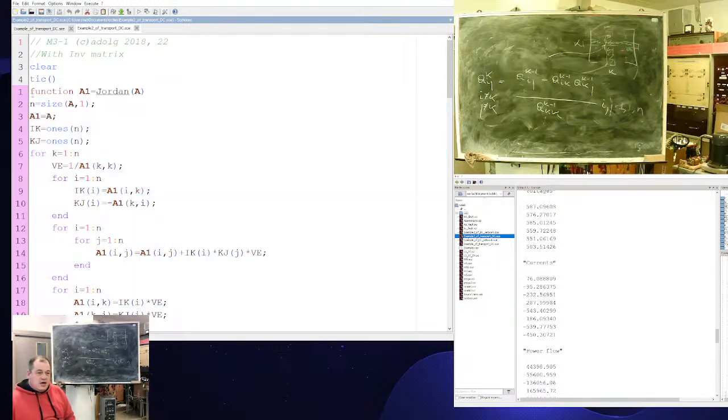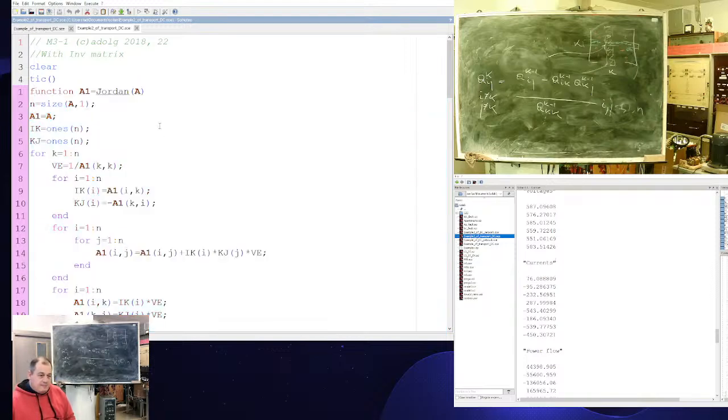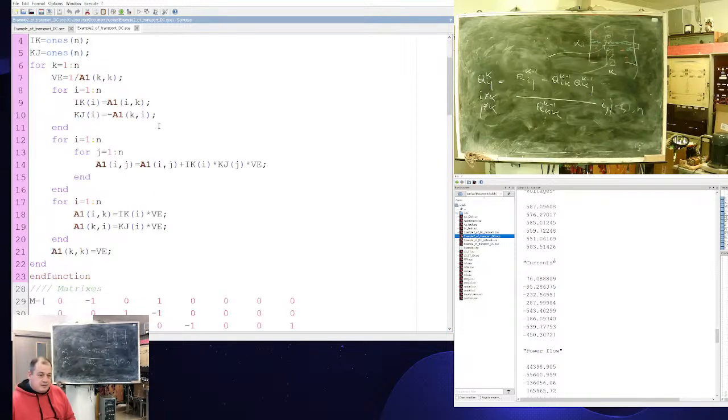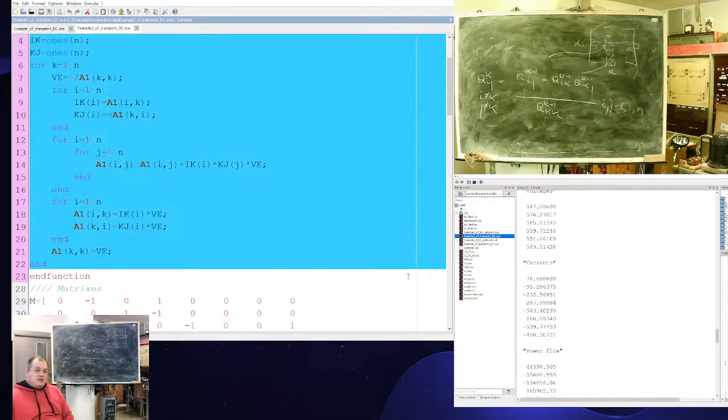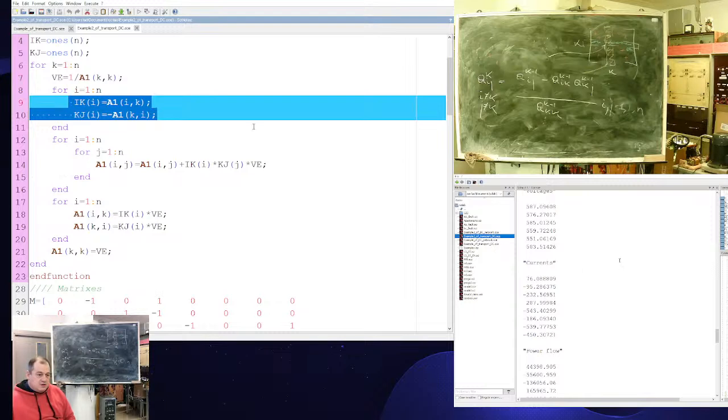So first I am declaring this nice Jordan function, the Jordan's inversion. I use a bit of an interesting technique. I calculate this key element, this cross point. Then I calculate the special row and column.